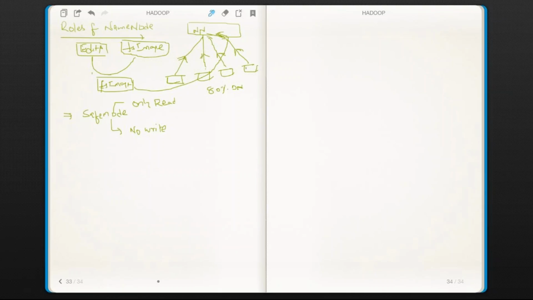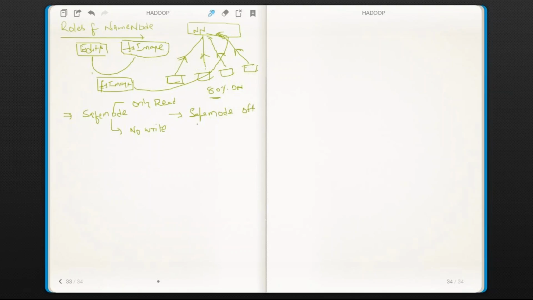When 80% of the data nodes have reported, your name node will come out of safe mode automatically. Safe mode will be off.